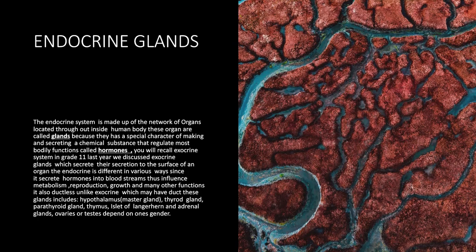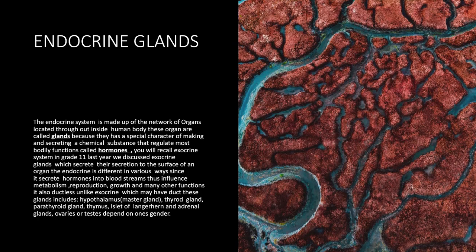These organs are called glands because they have the special character of making and secreting chemical substances that regulate most bodily functions. These chemical substances are called hormones.